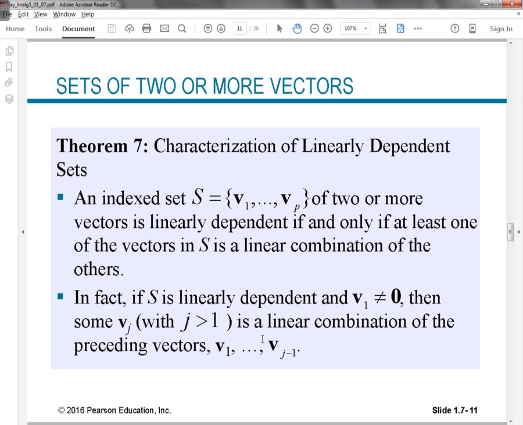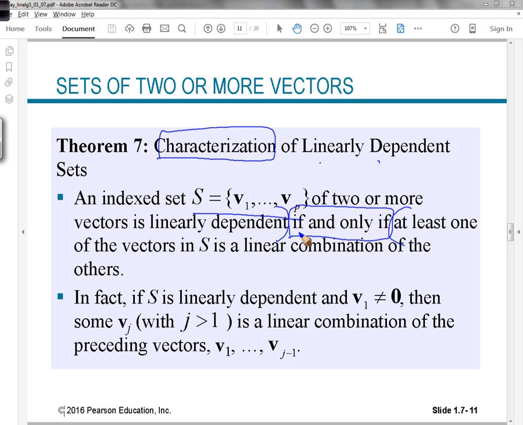Okay, and then let's look at theorem 7. Yeah, the major part of this theorem is already explained. Okay, so it's about the characteristics of a linearly dependent set. So given a set, if and only if, which means the previous sentence and the later sentence are equivalent, right?